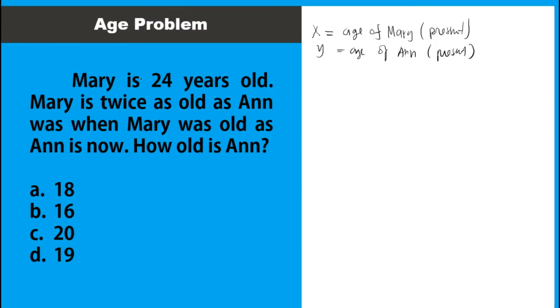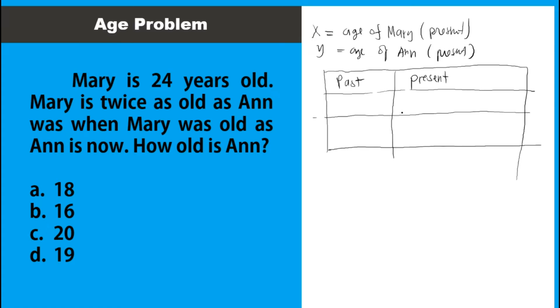"Is" corresponds to the present, and "was" corresponds to the past, so we only have two columns: the present and the past. We have the present age of Mary, that is X, and the present age of Anne, that is Y.